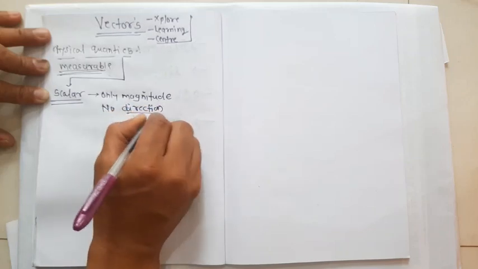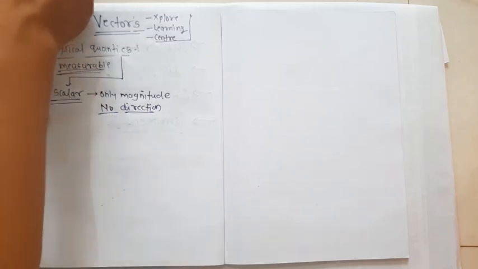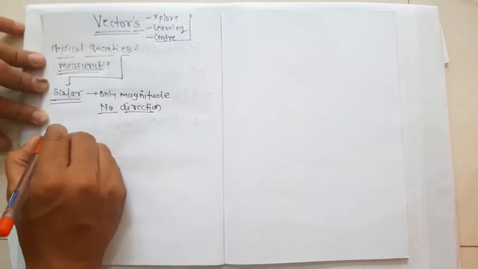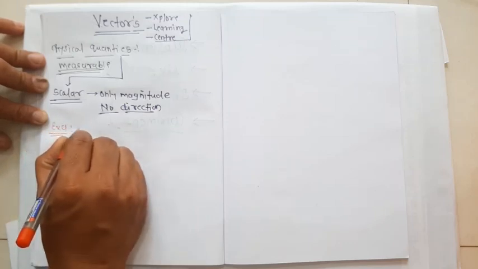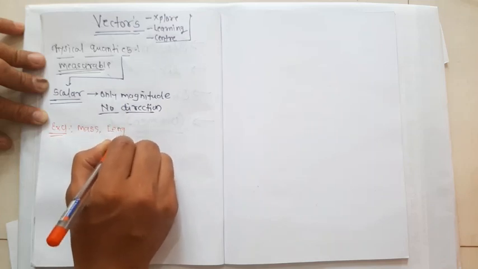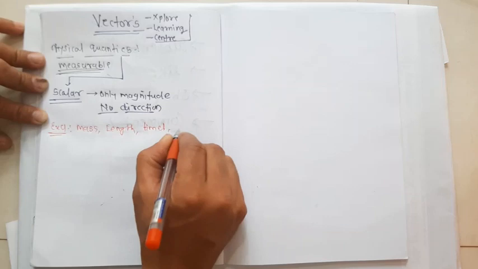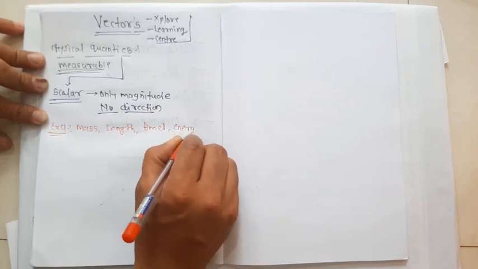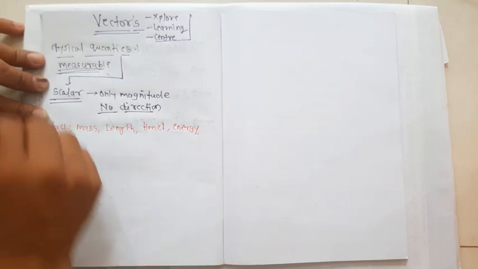Such quantities are known as scalar quantities. As examples you can take mass, length, time, and energy. There are so many scalar quantities present.